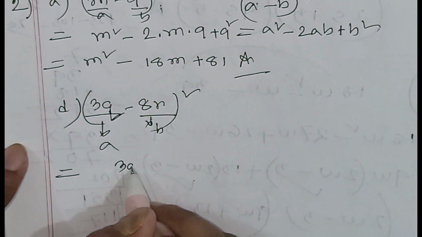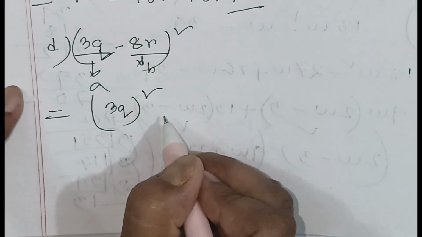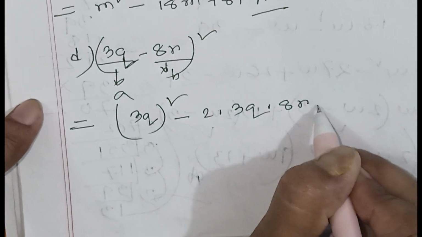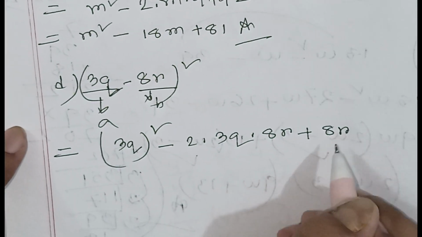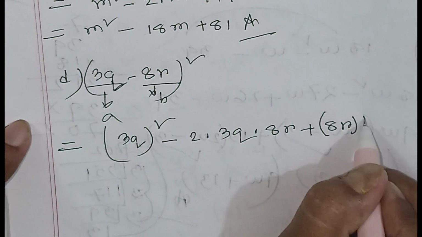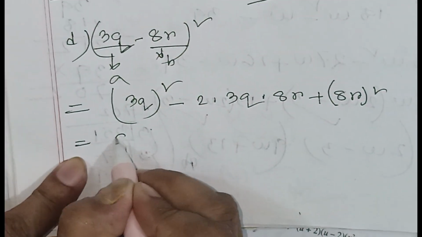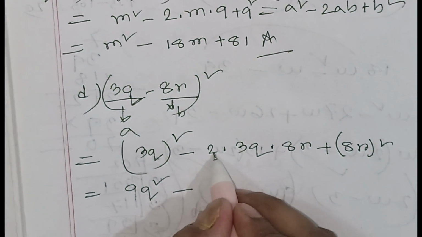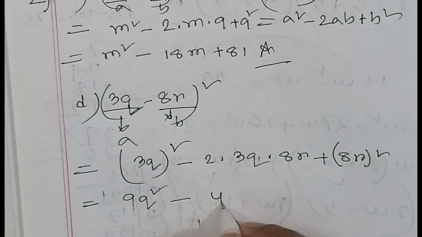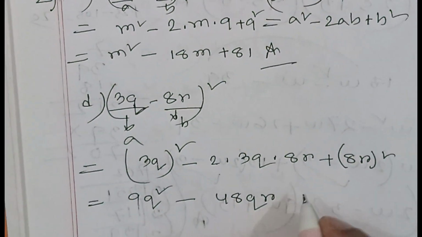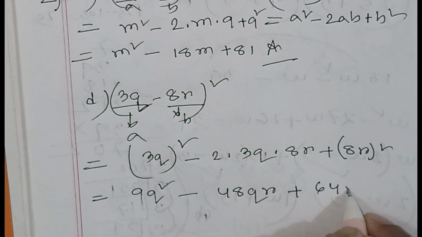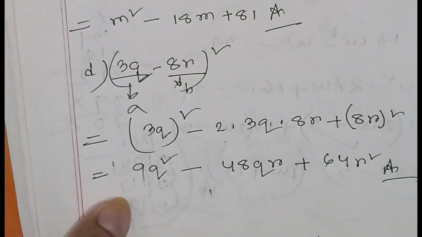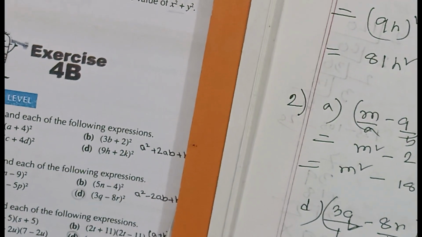So A means 3Q, A squared, minus 2 times A which is 3Q and B which is 8R, plus B squared, so B means (8R) whole squared. 3 whole squared means 9, Q means Q squared. Calculate: 3 twos are 6, 6 eights are 48QR, plus 8 eights are 64R squared. That's it. This is the answer. So you will try B and C.